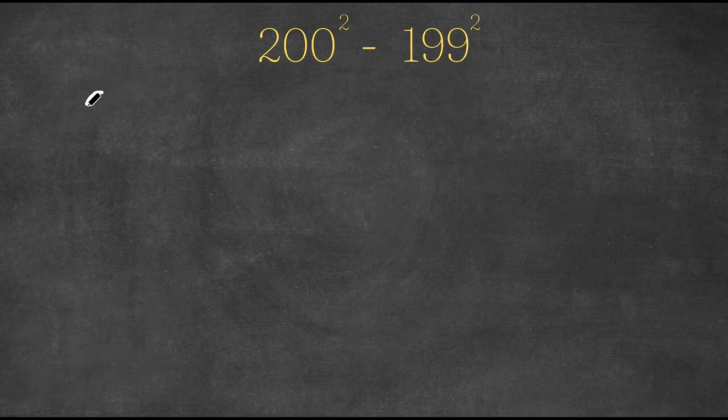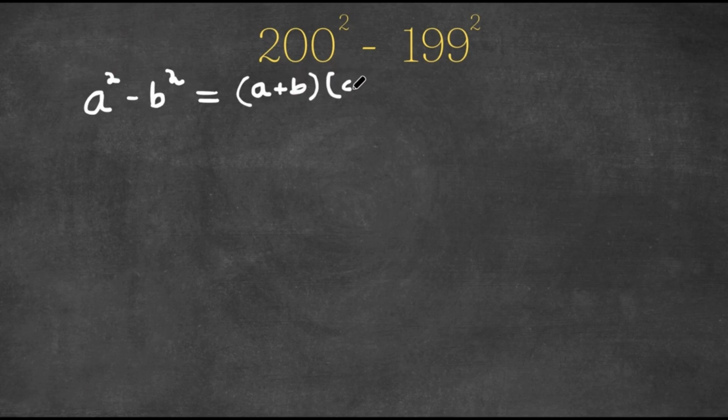So if you recall, a squared minus b squared is an important expression in algebra, and this is actually equal to a plus b times a minus b.